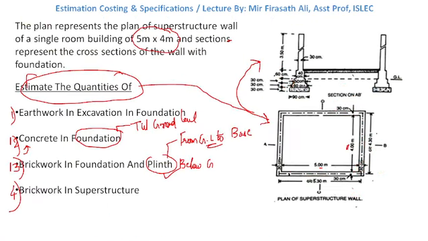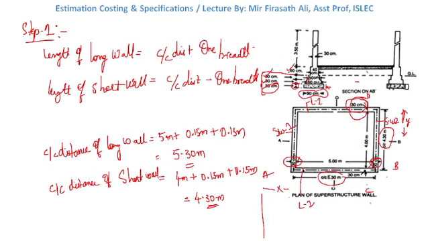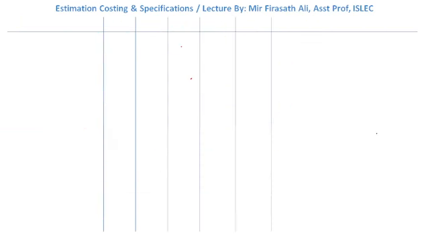See what we have done. We have found out the earthwork in excavation, concrete in foundation, brickwork in foundation. Now last but not the least, brickwork in superstructure. We will fill in these particulars: numbers, length, breadth, height or depth, quantity, remarks.